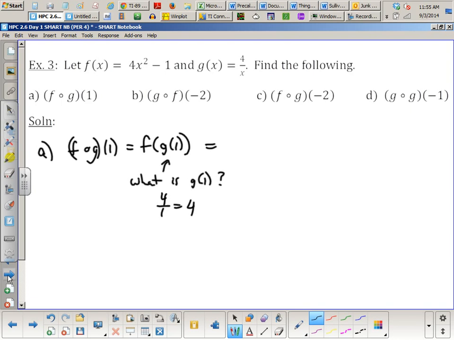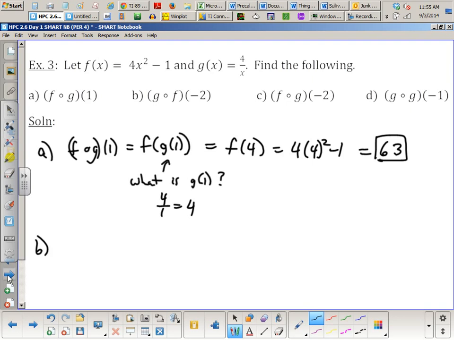This is asking for f of g of 1, but what it really means is what is f of 4? That's all it really means. And now we'll answer that question. It's going to be 4 times 4 squared minus 1. 63. So first we plug 1 into g, then we take the output and put it into f.